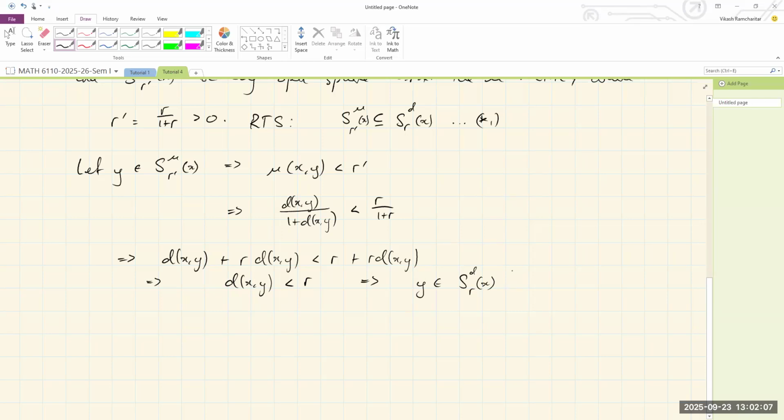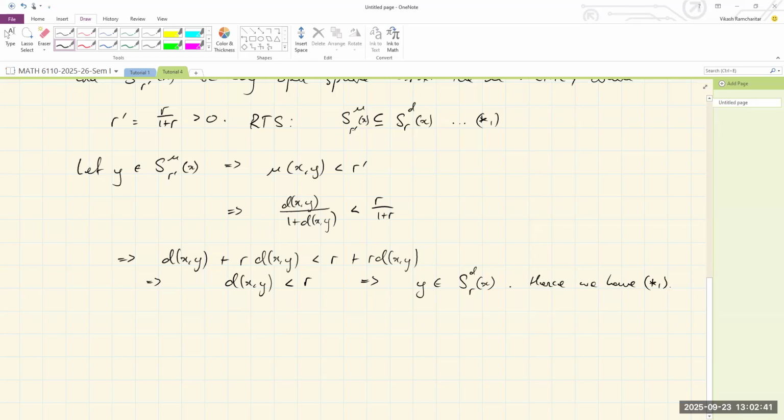So hence we have star 1. So I've proven that if you give me an open sphere centered at x with respect to the D metric of some radius r, I could find an open sphere centered at the same x with respect to the mu metric of radius r prime, right?